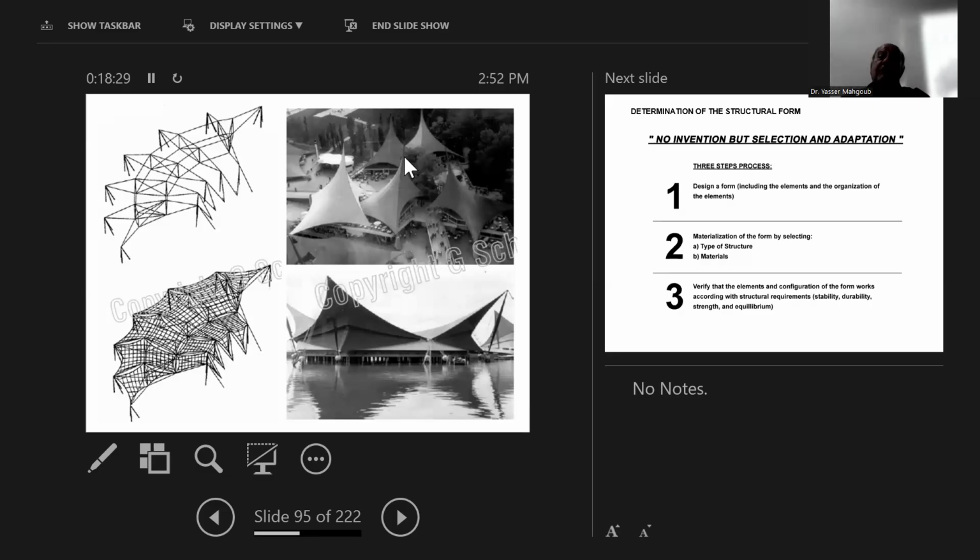They create interesting shaded areas. They create significant form for the building. They can be on the last roof, covering the rooftop of the building, not necessarily from the ground. You can use them in upper parts of the building.